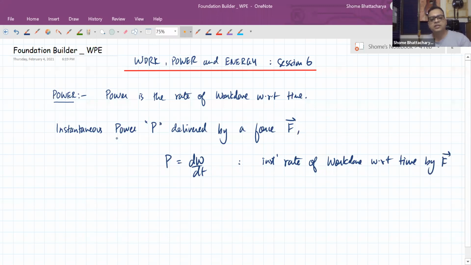That is how we define the instantaneous power delivered by a force. So this becomes F dot ds by dt.